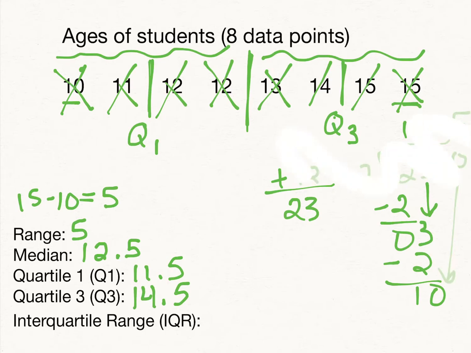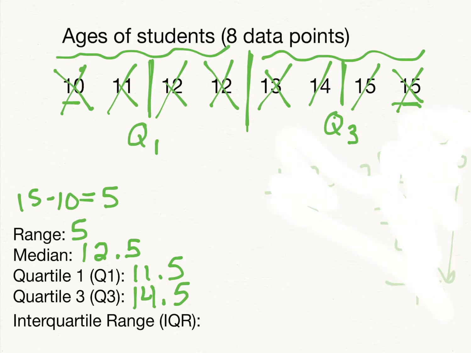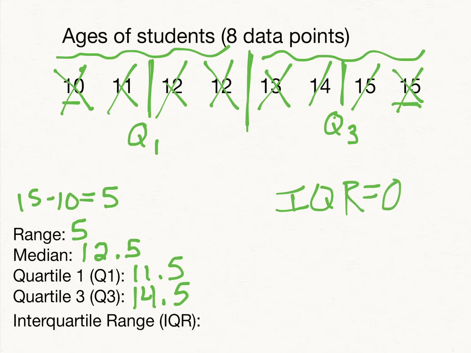Okay, let me go ahead and get rid of this once more. And then for our interquartile range, remember we're looking between quartile 3 and quartile 1. So our quartile 3 was 14 and 5/10, and we are subtracting quartile 1, which is 11 and 5/10.